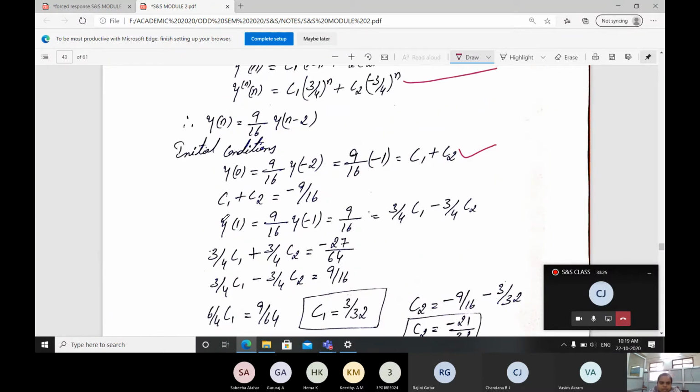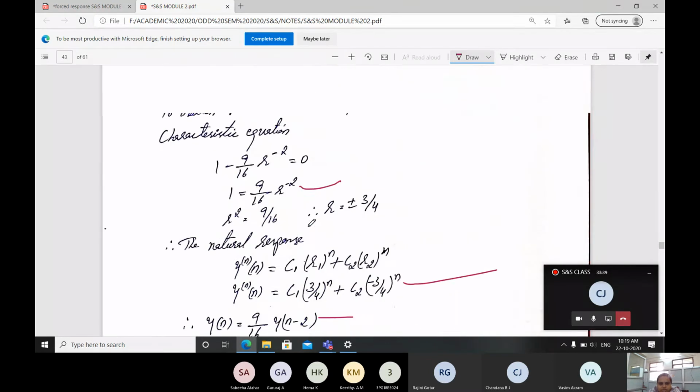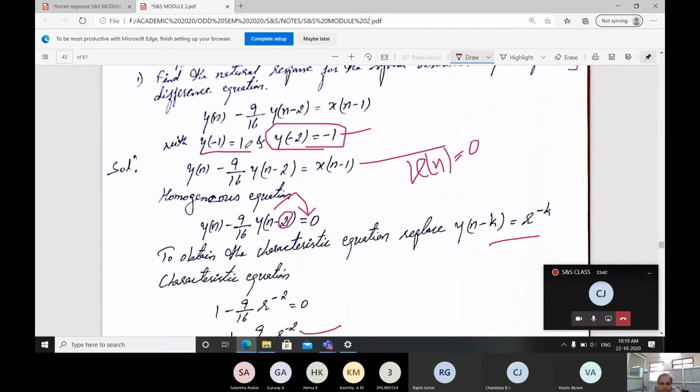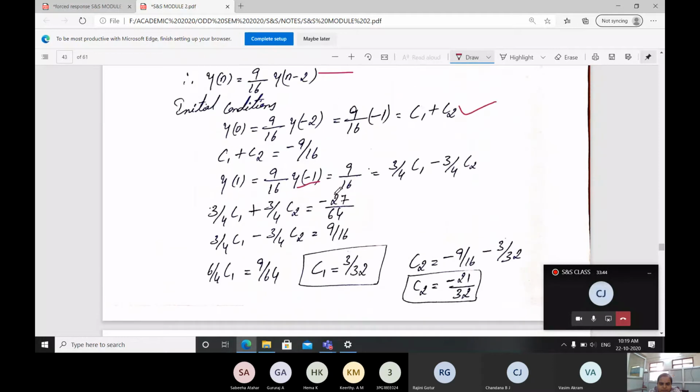Then substitute y of 1 in this. Once I substitute, what will I get? 9 by 16 y of n minus 1, that is y of minus 1. Then what is y of minus 1? Here it is given as 1 only.